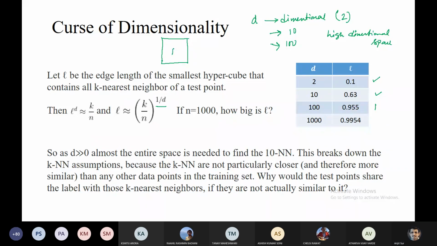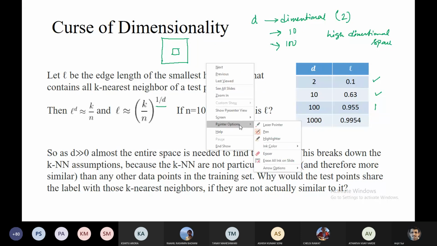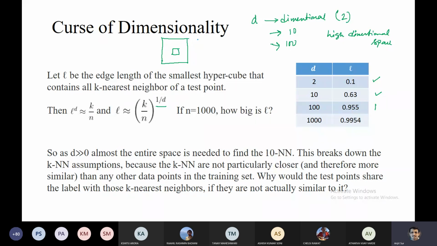When d is small, this is your nearest neighbor region. Now what happens if you increase the dimensionality? It will keep on increasing.